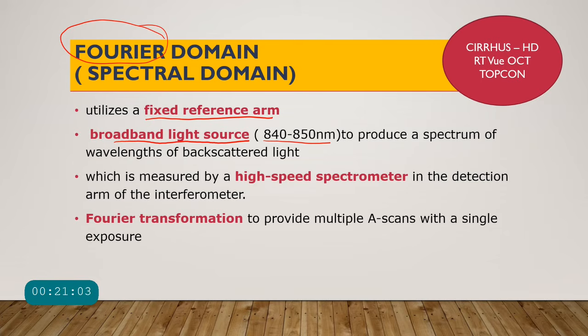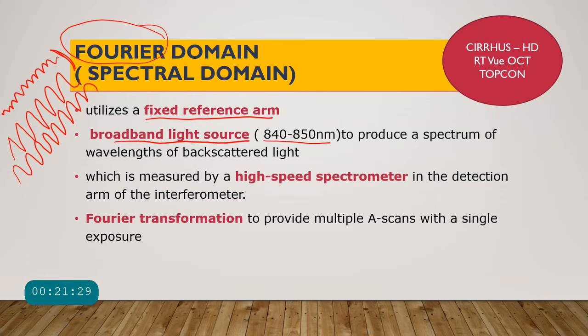A broadband means that it will actually send various types of waves of different wavelengths all at once, and every wave will actually choose one layer of the retina, and from that chosen layer of retina we will get a backscattered wave, and all the backscattered waves are going to be recorded at once.